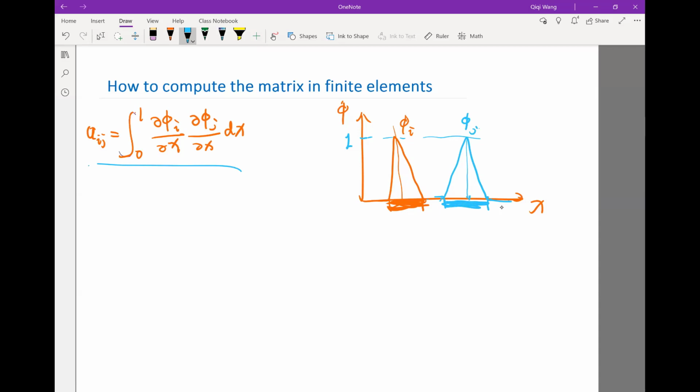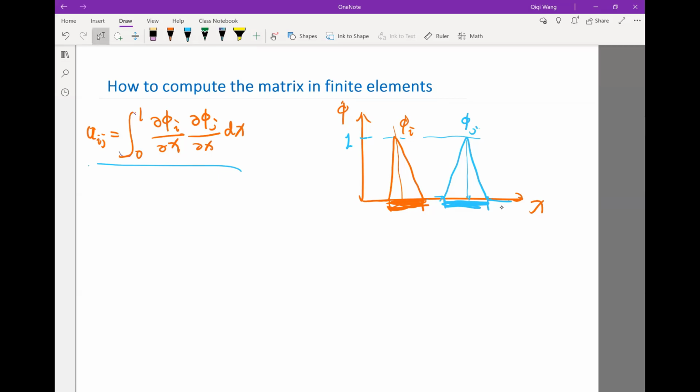They have no overlap, right? That means for most i and j, if their nodes are far away so that the neighboring elements have no overlap, then Aij is equal to 0.